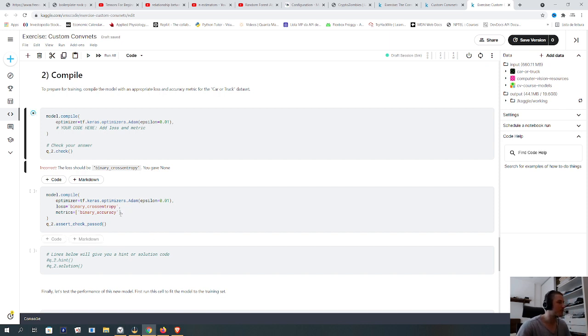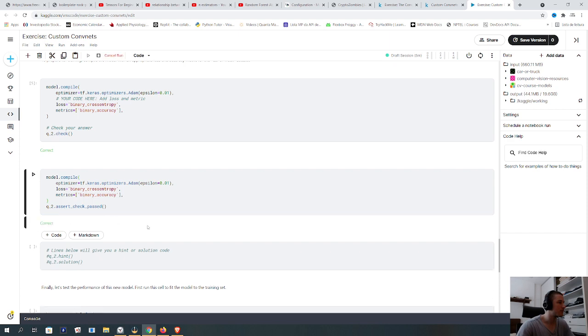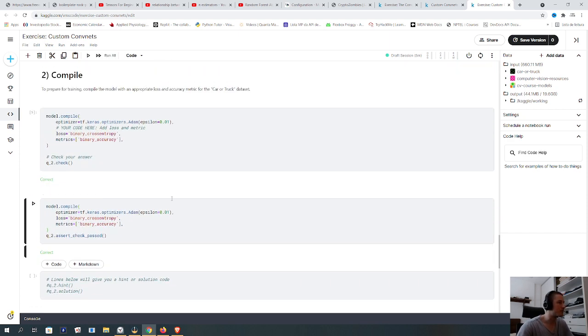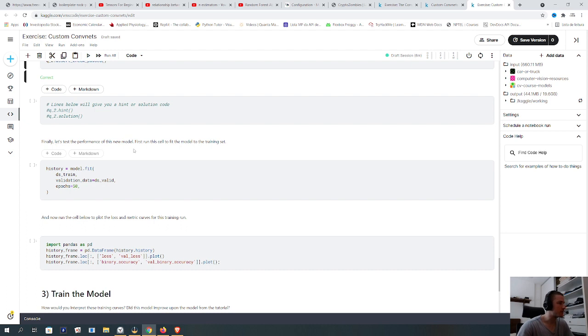So it's kind of weird the way they did this, because they did the same cell twice. Maybe this is a mistake here. Yeah, I think this was supposed to be the solution. But whatever. Finally, let's test the performance of this new model.